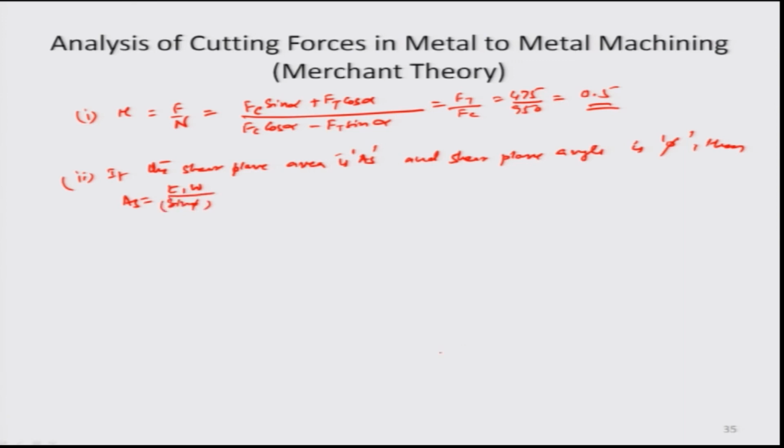And tan of phi, as defined earlier, is also the cutting ratio r times cos alpha by 1 minus r sine alpha.